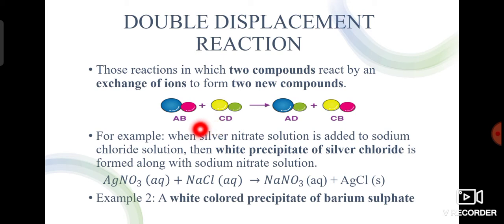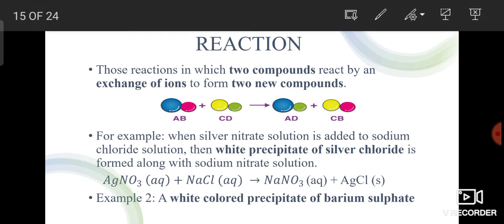Now when you take an aqueous solution of AB and CD, I hope you remember what an aqueous solution is. Aqueous solution is the solution when you dissolve a substance in water. Whenever you are making a solution of any substance in water, that is the aqueous solution.